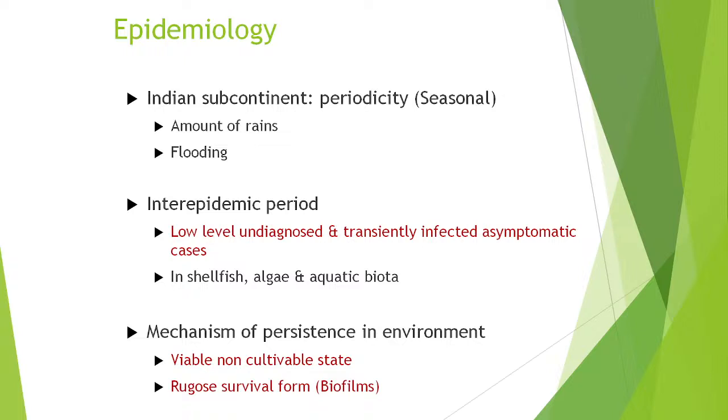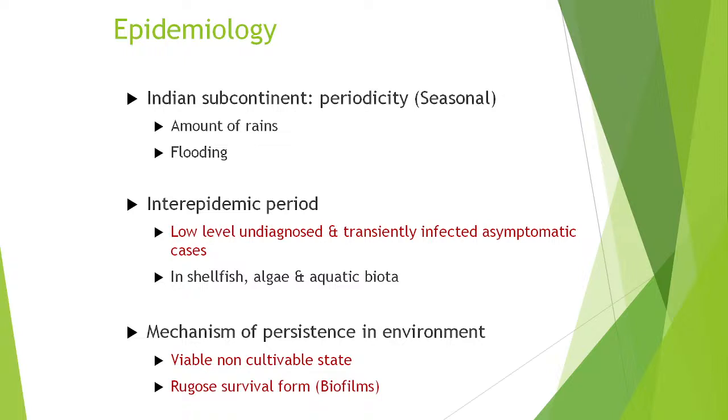Then the bacteria is also able to persist in the environment in a viable but non-cultivable state. You cannot disinfect the whole world. If there is a water body and the bacteria is existing in the aquatic environment, you cannot disinfect large water bodies. So the bacteria remains persistent in these aquatic bodies, and it is difficult to control.